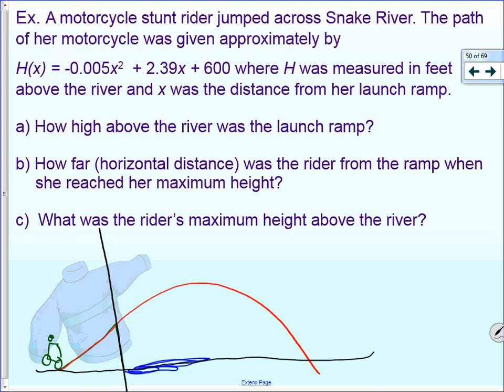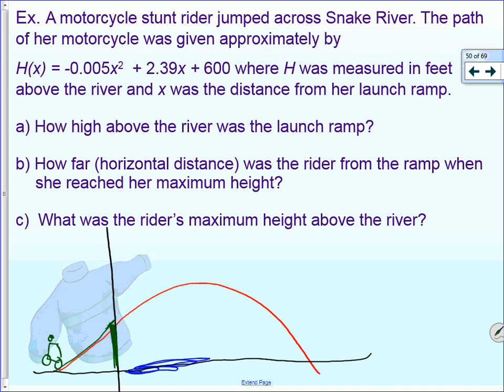Can I rotate that? Was my ramp not vertical? Was that my issue here? Okay, how do you feel about that picture? Looks pretty vertical. Oh, thanks. Okay.